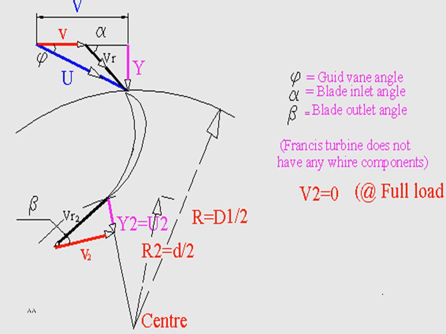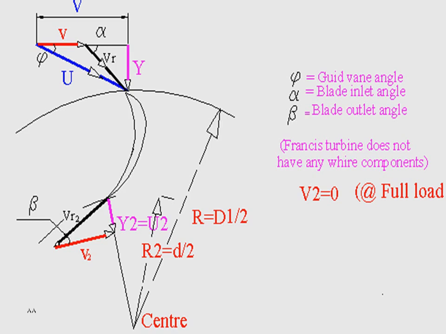If we resolve this velocity U into two directions, we have the tangential direction, capital V, which we call the whirl component, and in the radial direction, the pink colored Vf, we call it flow velocity.